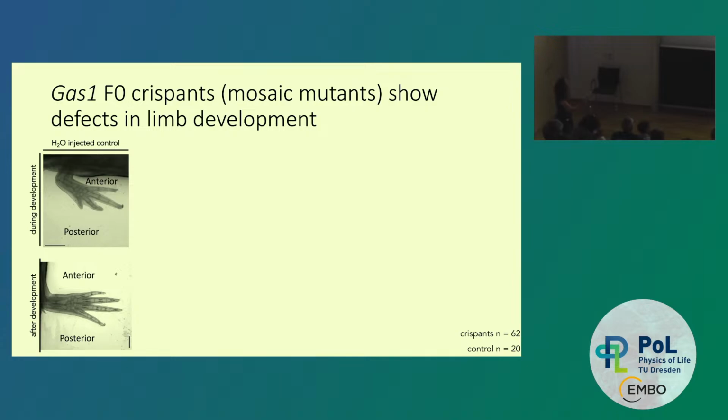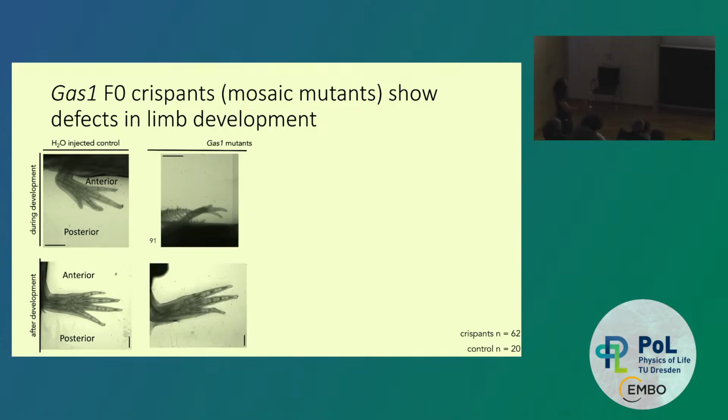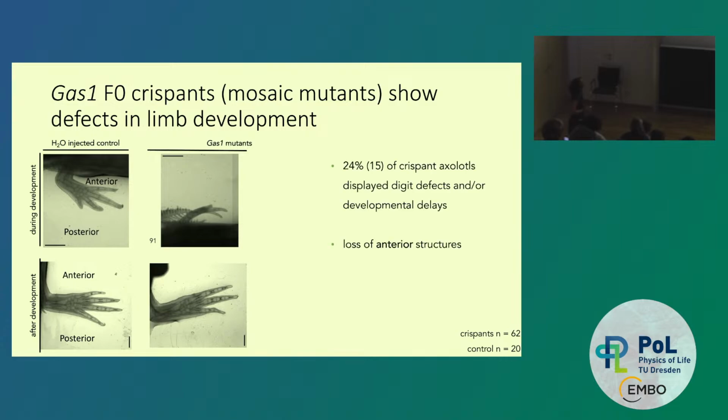Again, here's the control, but then here you can see small limbs in the developed animals. And we get a loss of anterior structures in a certain number of CRISPR animals.